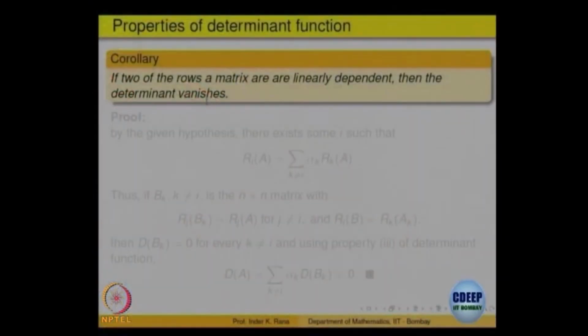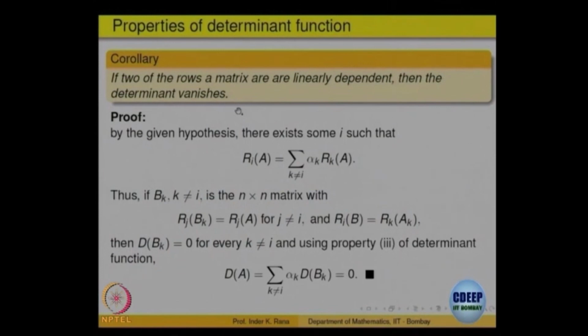The fact being used is a vector is dependent on the others if it is a linear combination. So, if you put that linear combination and expand, you will get two rows identical in the expanded ones. So, all will be equal to 0. So, the determinant vanishes. Vanishes does not mean it disappears, right. That means the determinant is equal to 0. A better way to say it is the determinant of that matrix is 0. It is a very loose English saying that the determinant vanishes. It does not disappear, it becomes 0.